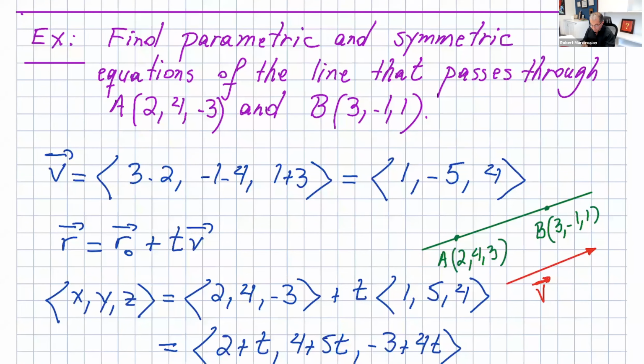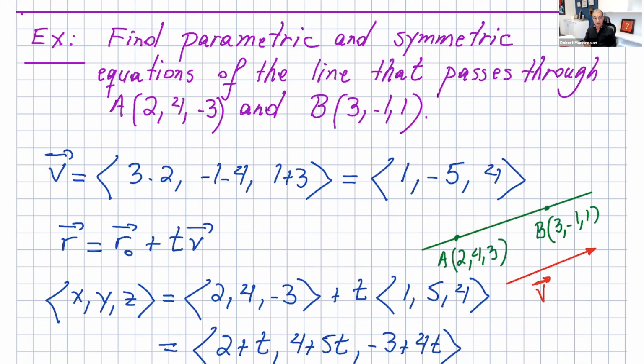Now another one: find the parametric and symmetric equations of the line that passes through, and these are points. Don't forget, A and B are points. So if this is our line, we're given the coordinates of a couple of points on the line. What we need to do is find that vector. How do you find the components of that vector?